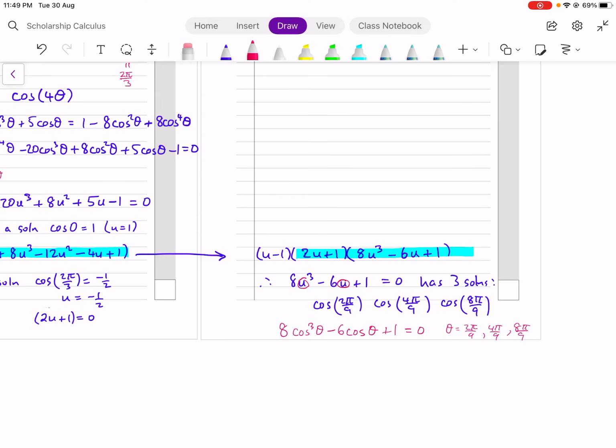It doesn't have the cosines, so I believe that my answer is correct, and their one not correct, but I'm sure they've probably accepted both. I'm just going to check that because I'd hate to be wrong after such a long part of the video. Let's have a look. Question 5 is usually the hardest, so that was pretty intense. What have we got? 8 cos cubed minus 6 cos theta plus 1. Brilliant.